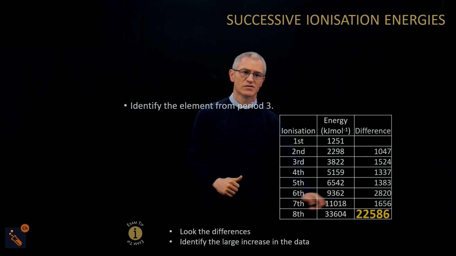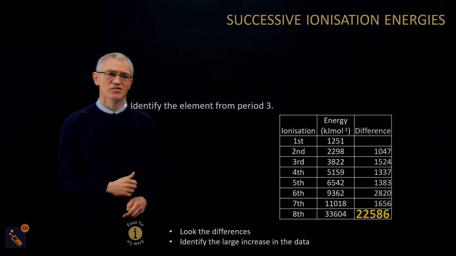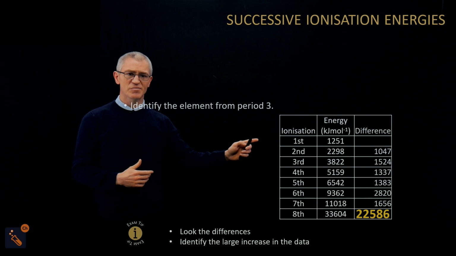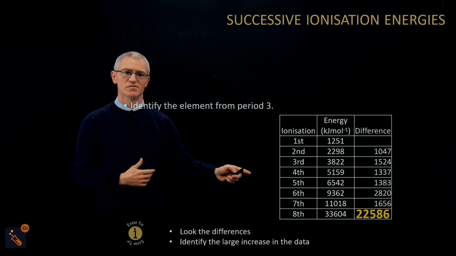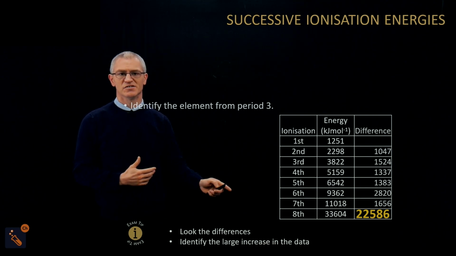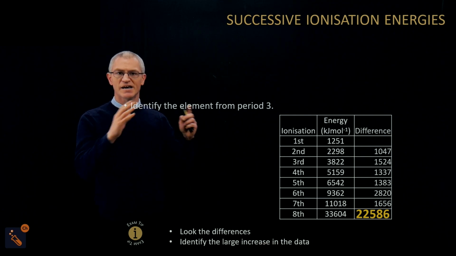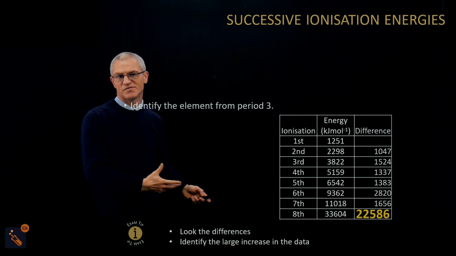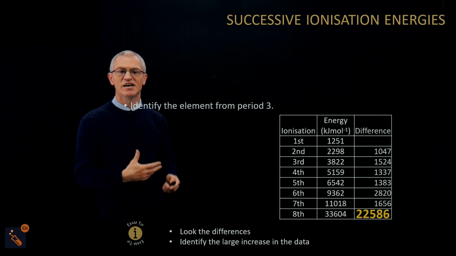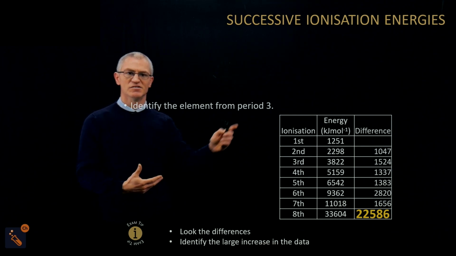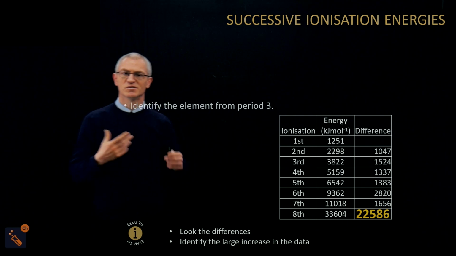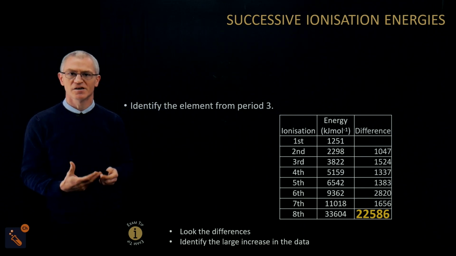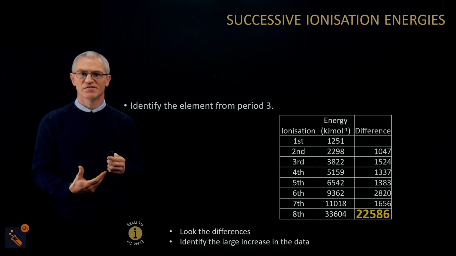So what you then do is you say, right, okay, that means the first, second, third, fourth, fifth, sixth, and seventh ionisation energies must have been from an outer shell, and then the 8th one must be from an inner shell. That means that this element has 7 electrons in its outer shell. Now this is in period 3, which means it has 3 shells, so the outer shell must have 7 electrons in it.